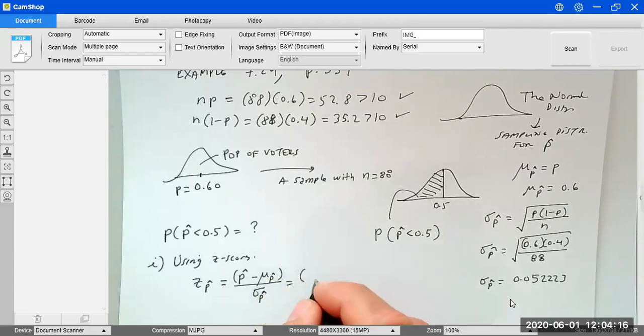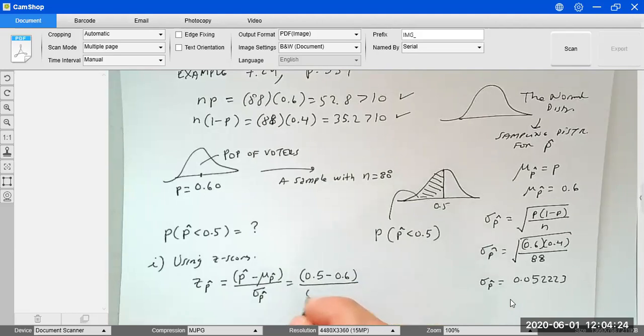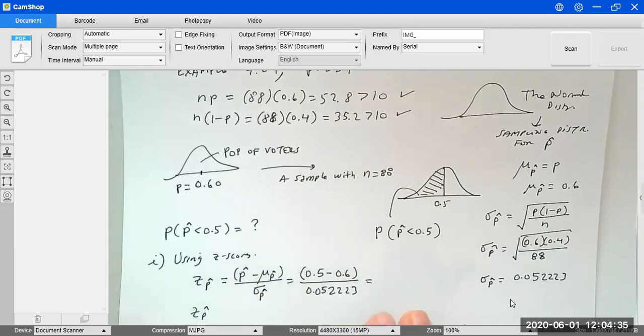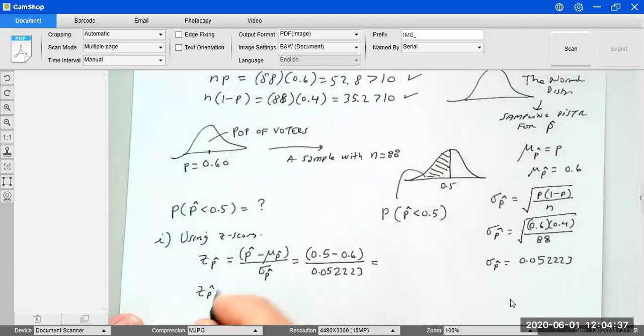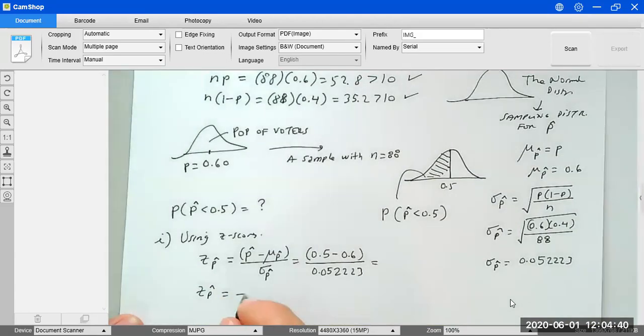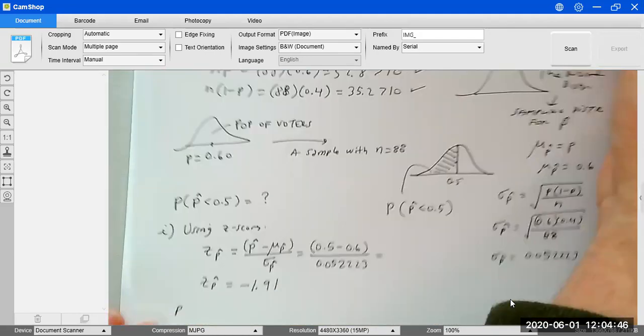So this is just 0.5 minus 0.6 over 0.052223. So we do these operations, and we're going to find that the z-score is going to be equal to negative 1.91.